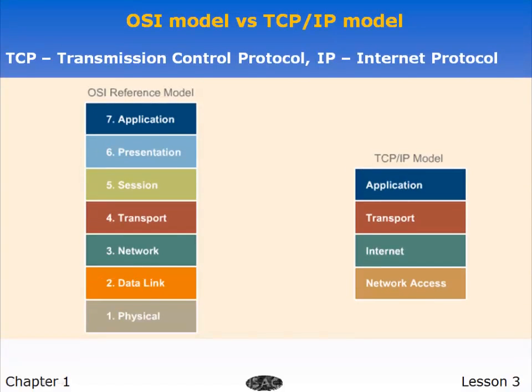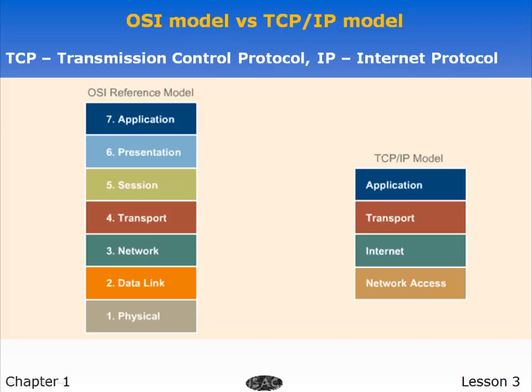Okay, we understand the OSI model, which does not define any protocols. It is only a reference model with no obligations for any protocols or networking. It's just a model. But in real life we need to simplify this process, because 7 steps for each packet is too long a way. So the Department of Defense and the Internet Engineering Task Force developed a simpler 4-layer model called the TCP/IP model.